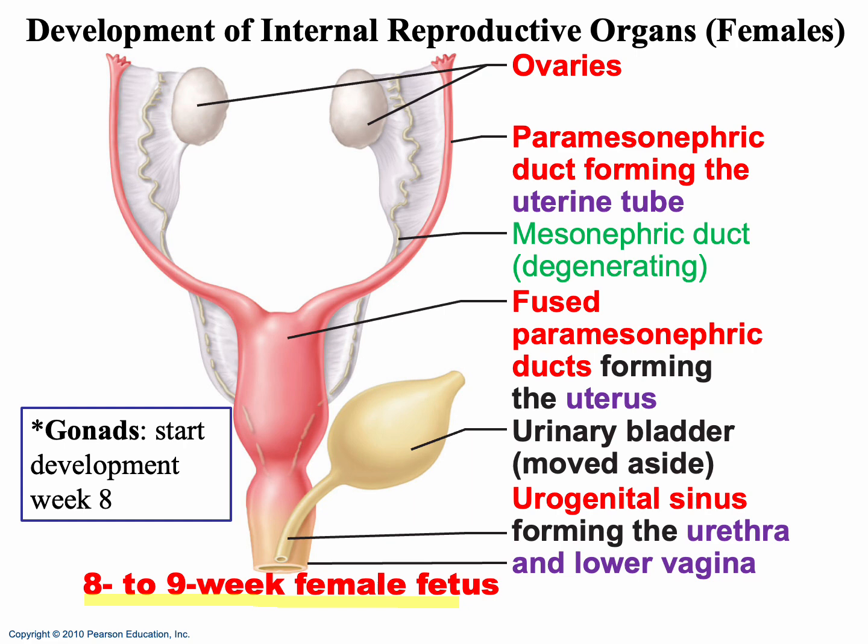The Mullerian duct, paramesonephric duct, is forming, and that can form the uterine tube or fallopian tube, forming of the uterus, etc. And of course, the exception here, the ovaries here and here are being formed from the gonadal ridge.